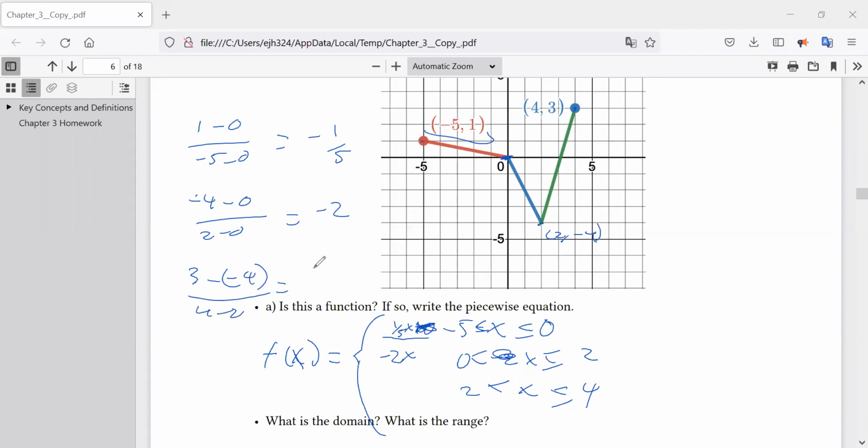So 7/2x, but we do have a plus b this time. It's not just 0, right? Right. So would it just be the first point that becomes the y-intercept? You can pick either of them, I would use this one to find the b.